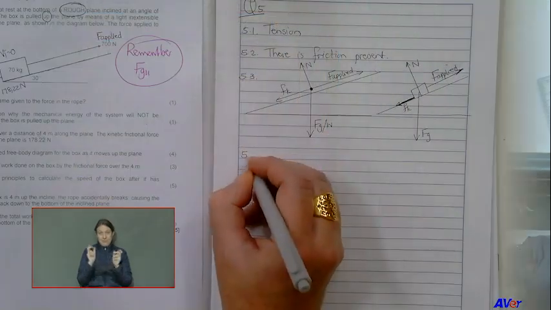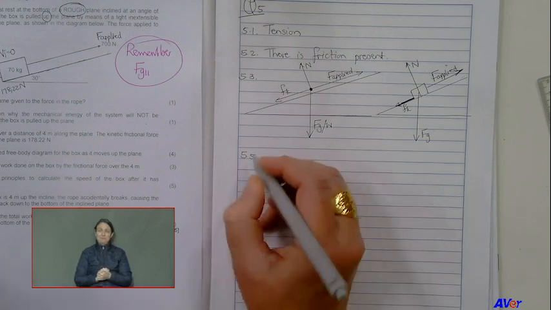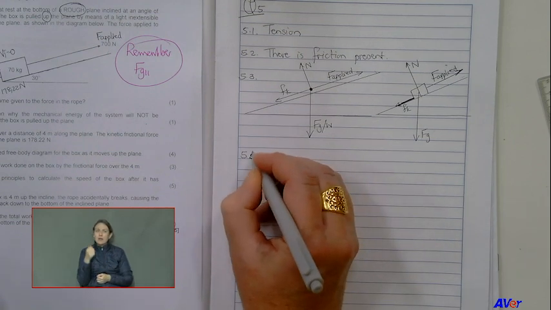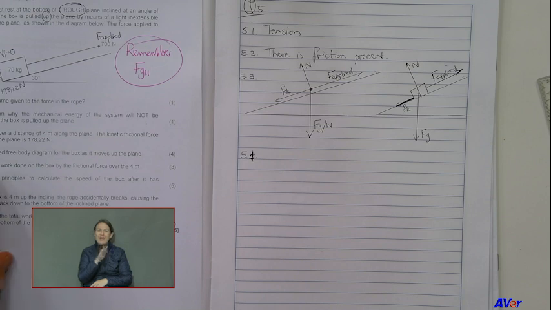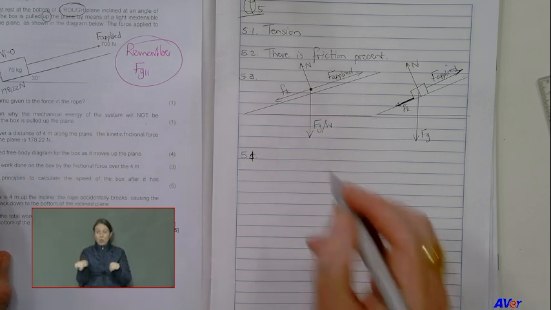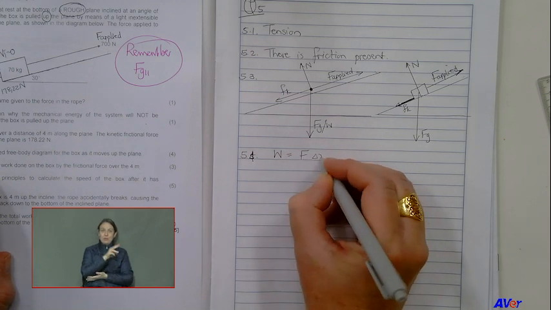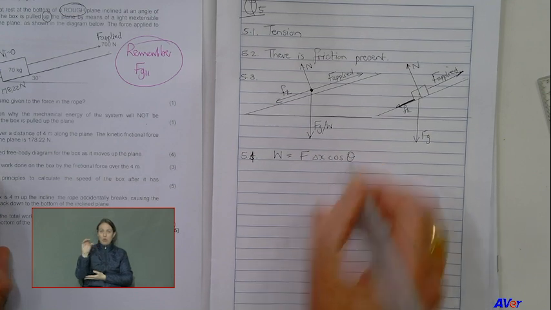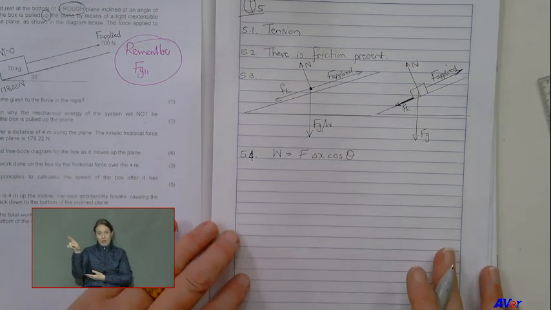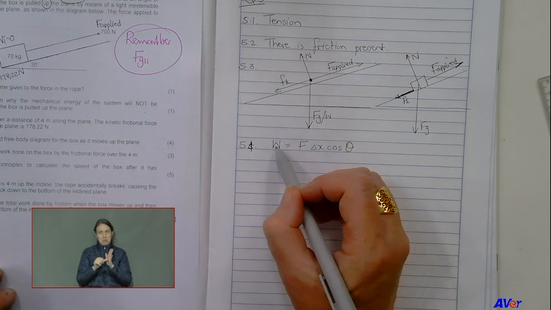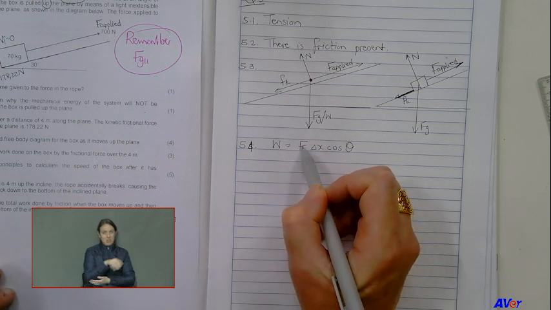Okay, 5.5. Yeah, sorry, I skipped some. First 5.4. Calculate the work done on the box by the frictional force. Okay, we have the formula W equals F delta X cos theta. But now, what is important, the W and the F must fit each other.